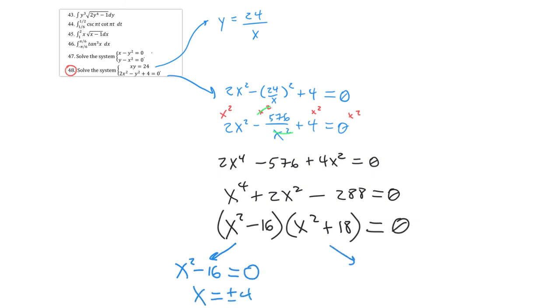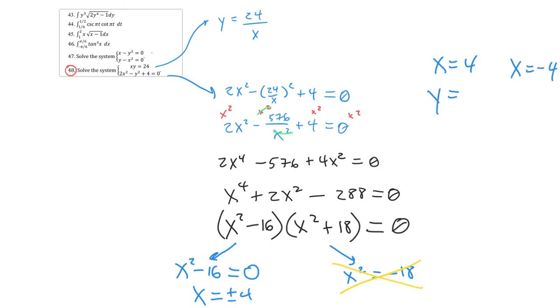When we decide to set this equal to 0, we'd end up in a situation that says x squared equals negative 18, and that is impossible because we don't want to be taking the square root of a negative number, so we could just discard that. So we know that x is going to be positive 4, and we have another x that's going to be negative 4.